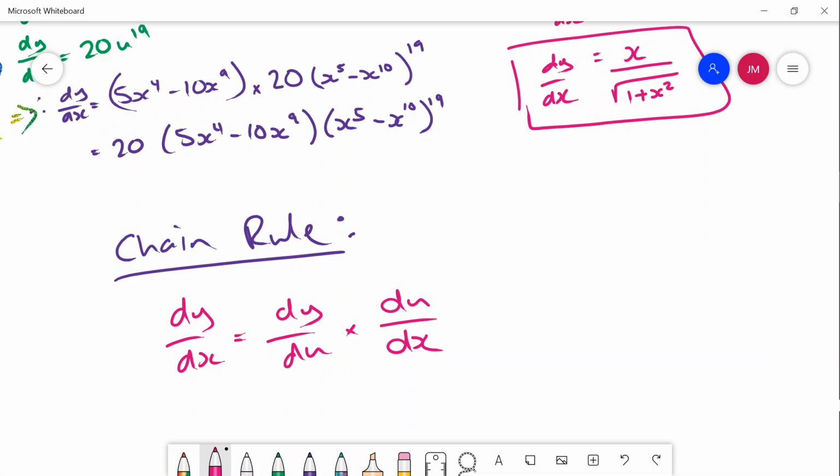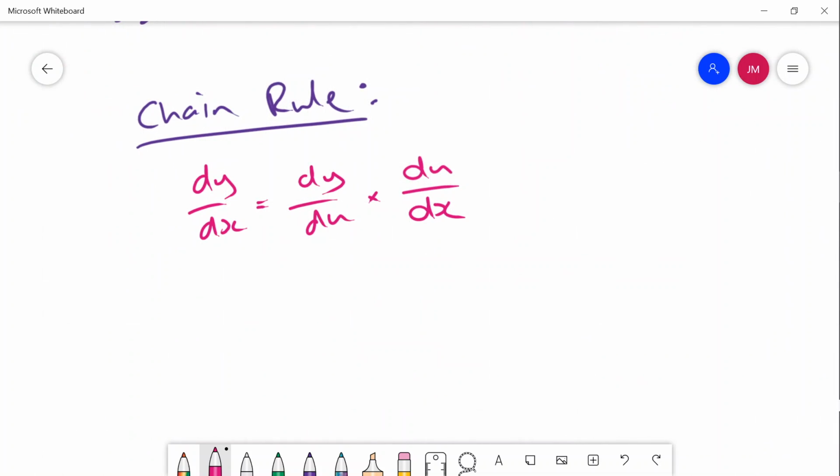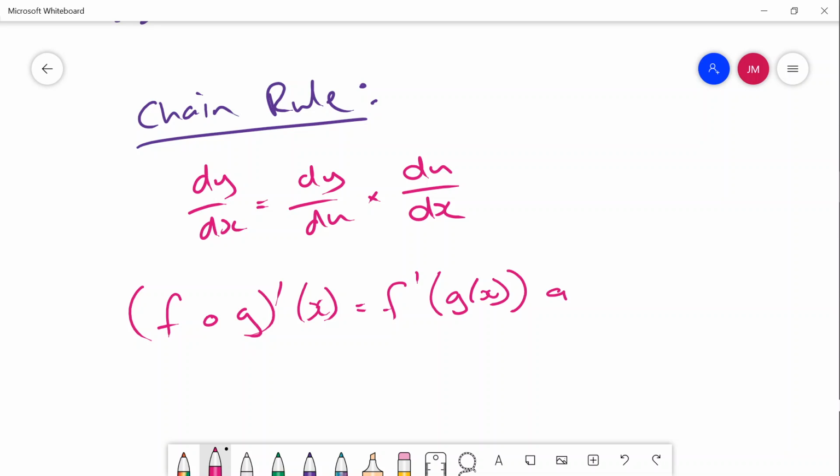And for function notation, if we've got a function f, we can say it's a function of g, with the derivative of f of g of x with respect to x equal to the derivative of f of g of x multiplied by the derivative of just the g of x.